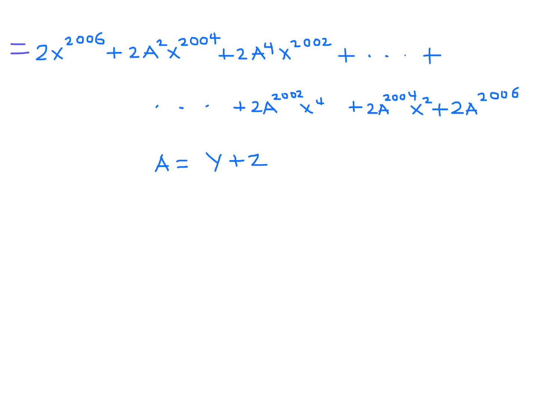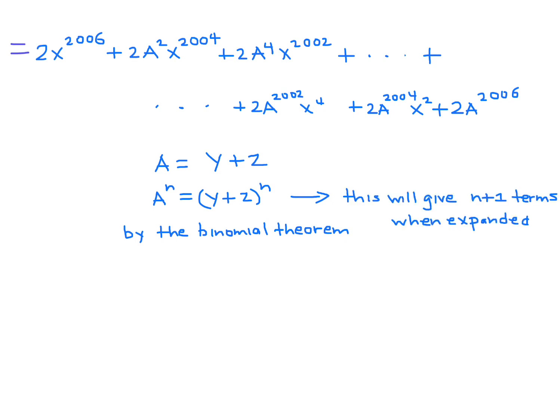But that's not too much of a problem, because if you were to put this to any kind of exponent, also by the binomial theorem, each of these will give n plus 1 terms when expanded. So what that means is that will help us figure out how many terms are in each of these components of this big long equation.